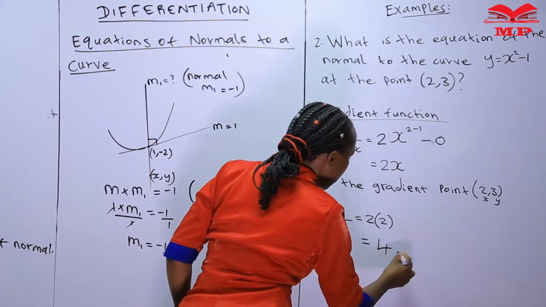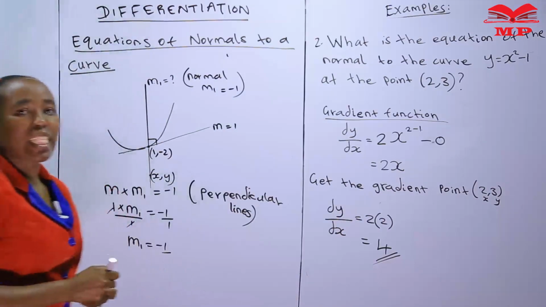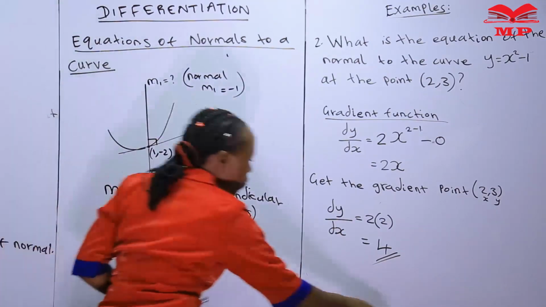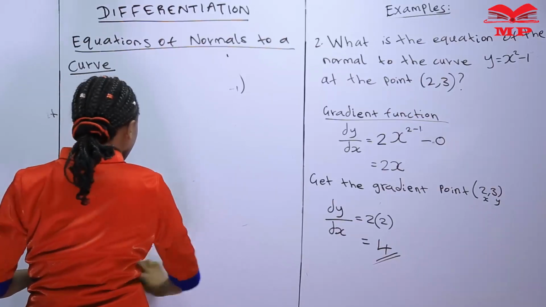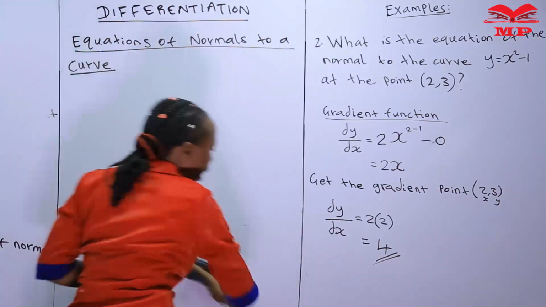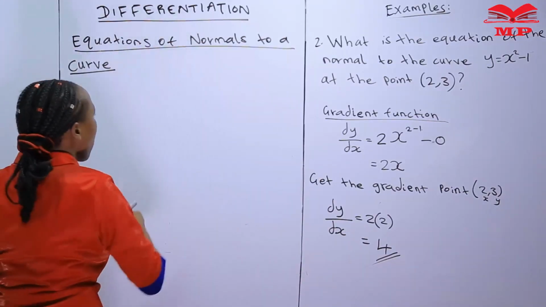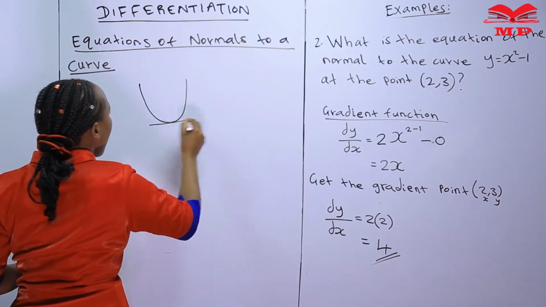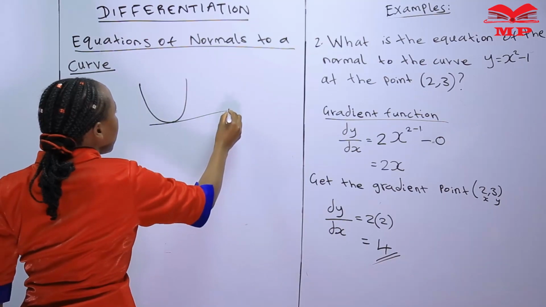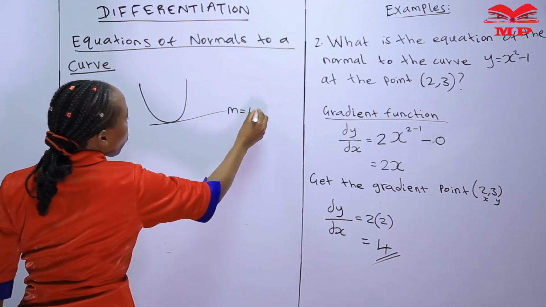And therefore our gradient is 4. That is now the gradient of the tangent. So the gradient of the tangent on our curve at this point is equal to 4.